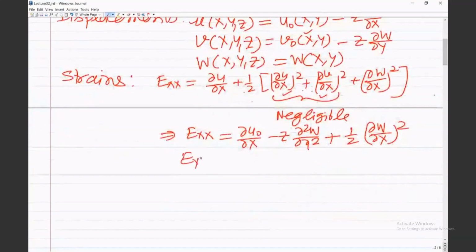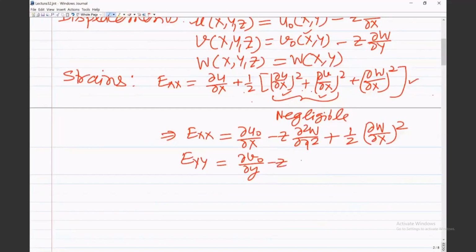Similarly, you can write eyy as del v by del y in a similar manner. Now you can write a similar kind of expression for eyy and then make the approximation that derivatives of u and v with respect to y are negligible. So eyy is del v naught by del y minus z into del 2w by del y square and plus half of del w by del y whole square.